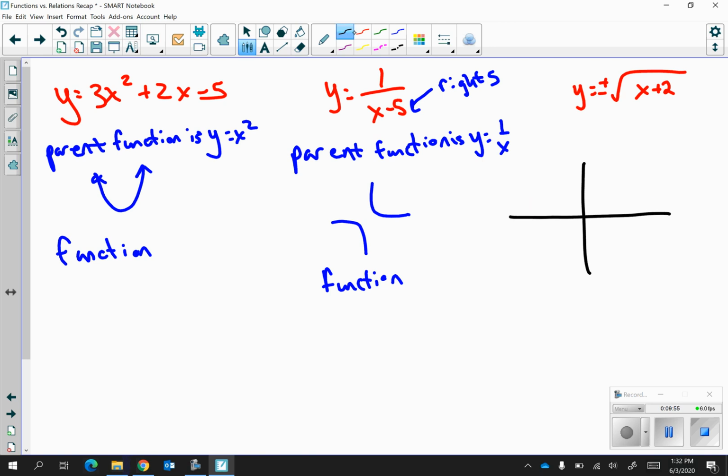when you're talking about this, your function would normally look like this. I shifted it over to the left 2 because of the x plus 2. Otherwise, the square root of x just starts at the origin. That's the positive values.